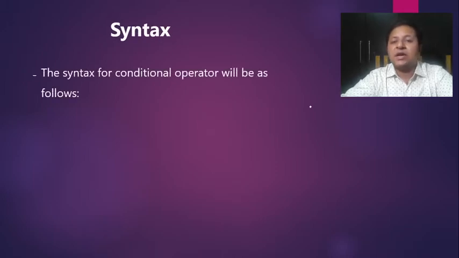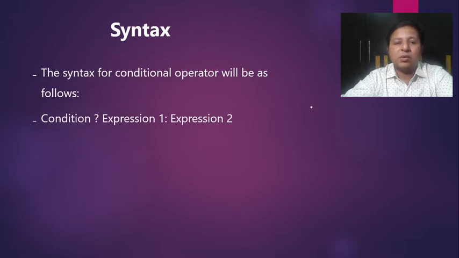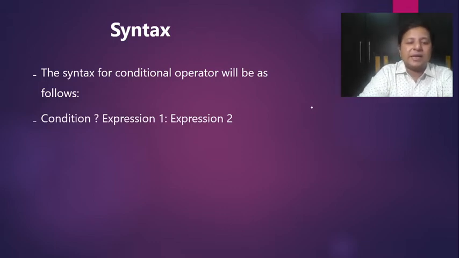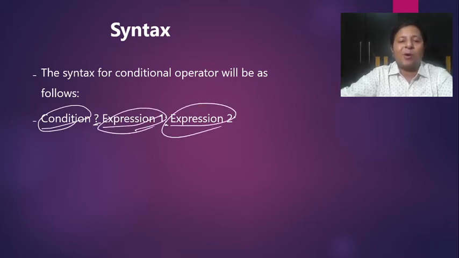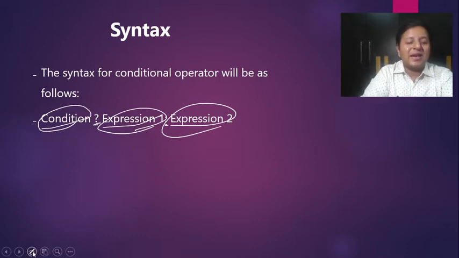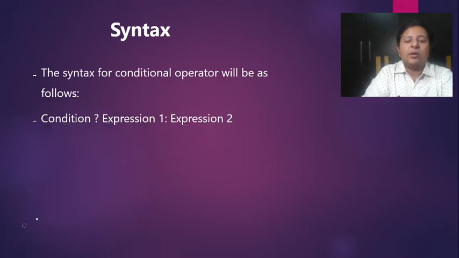Let's look at the syntax. The syntax of the conditional operator is as follows. The first part, which I wrote as A, has to be a condition, then expression 1, and then expression 2. I spoiled it, I know, so let me erase that. Condition obviously results in true or false, so first the condition is checked.